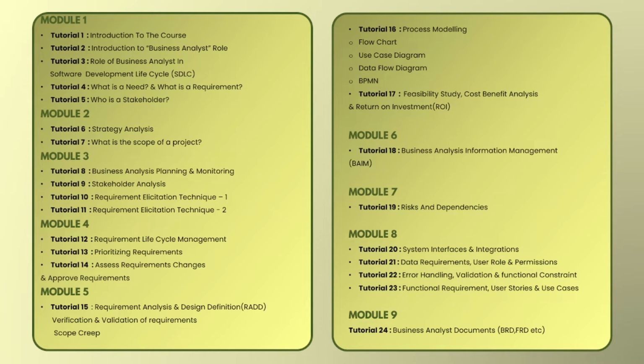We covered how to define data needs, identify user roles, and set the right permissions to ensure secure and efficient system access. Along with that, we also covered how systems handle errors, validate user input, and enforce rules through functional constraints. In addition to that, we also covered how functional requirements, user stories, and use cases work together to define, design, and deliver an effective system.